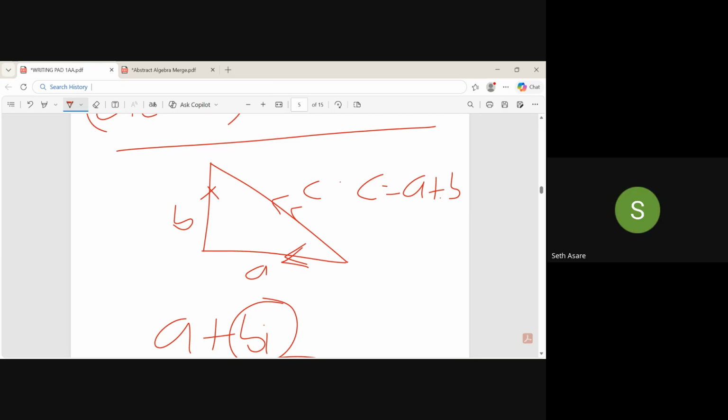If now my angle is like this, if I change the direction like this, what do you think it will be?